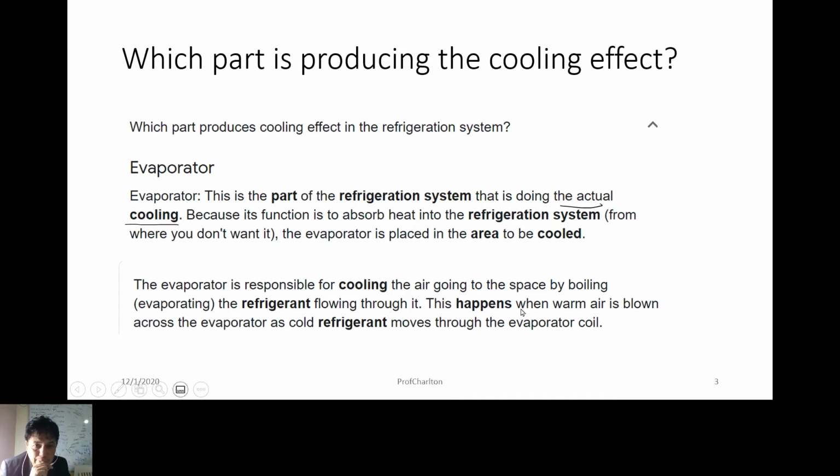This happens when warm air is blown across the evaporator as cold refrigerant moves through the evaporator coil. The refrigerant absorbs the heat, so the evaporator coil becomes cold. Then a fan or blower blows it out through ducting in front of our evaporator, in the room.